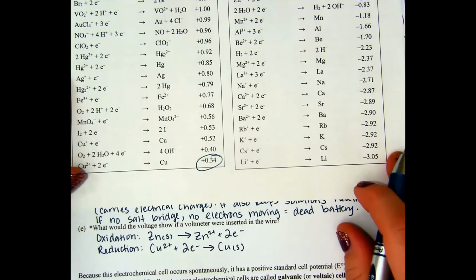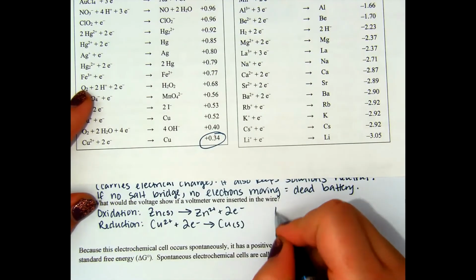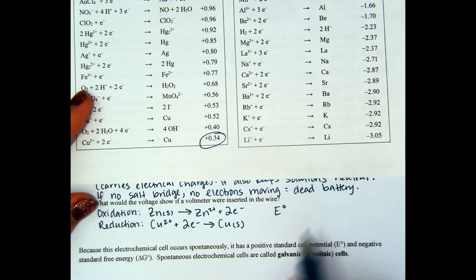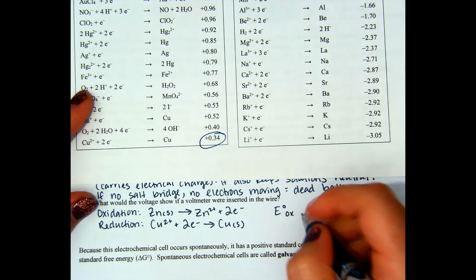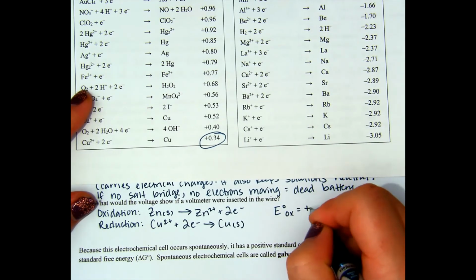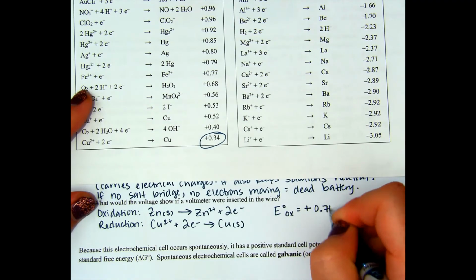So when we write this down on our paper, I'm going to keep this close. So our E naught, the standard reduction potential at 25 degrees Celsius, there's that naught sign again, meaning standard state, so 25 Celsius. So our E naught of oxidation is equal to plus 0.76 volts.